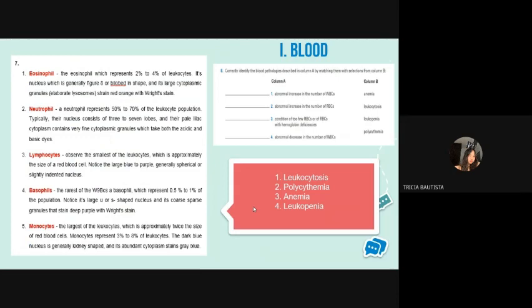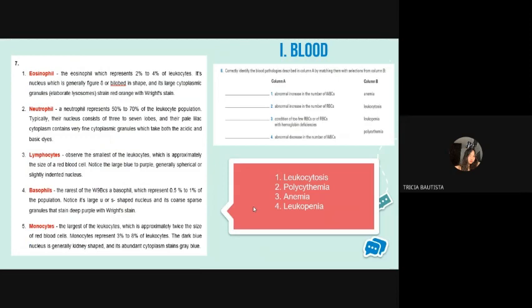Notice its large U or S-shaped nucleus and its coarse granules that stain deep purple with Wright stain, which are the basophils. And number 5, the largest of the leukocytes, is approximately twice the size of red blood cells. Monocytes represent 3 to 8% of leukocytes. The dark blue nucleus is generally kidney shaped and its abundant cytoplasm stains gray-blue, which is the monocytes.